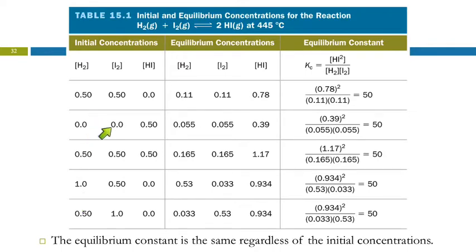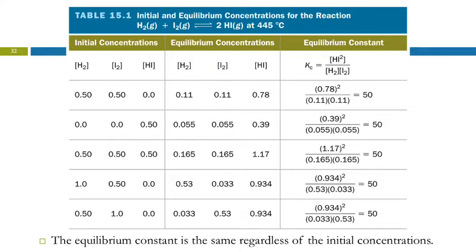Other times, though, here this started with 0 I2, and we end up with 0.055 molar because the product reacts, the reverse reaction occurs because there is no H2 or I2. And so the reverse reaction occurs, and then we do have some.